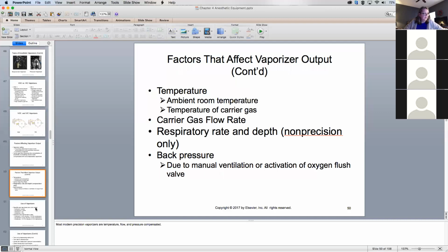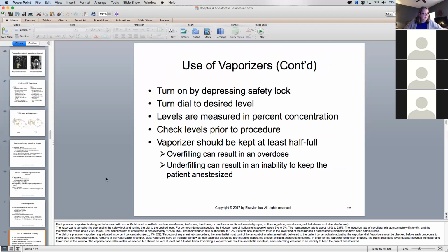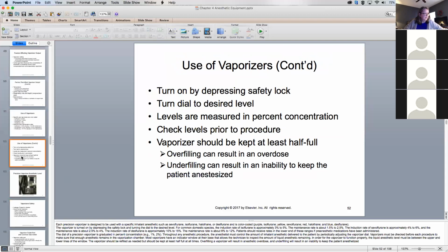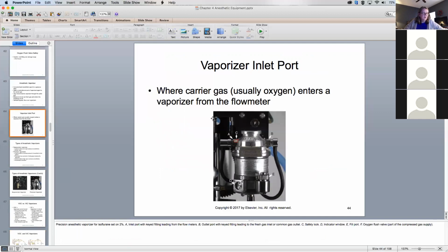Now, I did make a note yesterday that, let me get to the picture. There we go, that's the picture. So in this picture, letter A is the inlet to the vaporizer. At this point, we just have oxygen coming to the vaporizer.